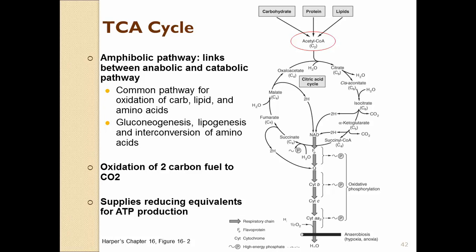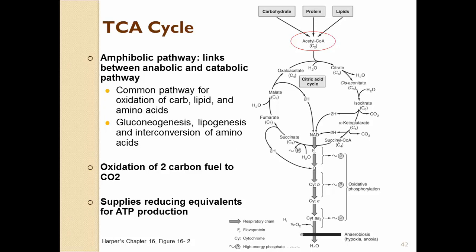So carbohydrate, protein, and lipids can be metabolized and generate acetyl-CoA, right? And this can enter the TCA cycle.